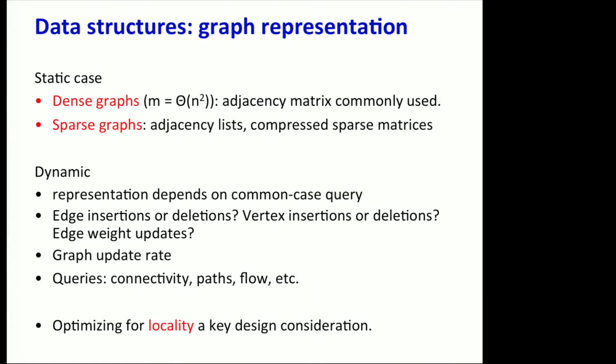For dynamic graphs, which I won't talk about much today, there are a lot of questions one needs to ask before answering what's the right data structure. First of all, a dynamic graph is defined as a graph which evolves over time. New vertices or edges are introduced or deleted. It depends on how fast those additions and removals of edges and vertices are. If they're infrequent, you can do a batch update.